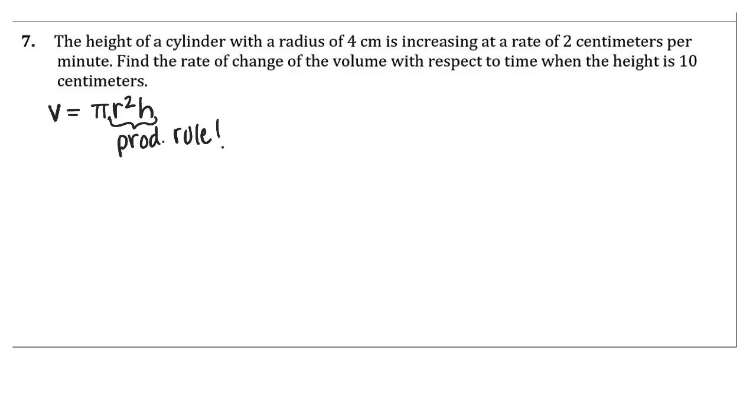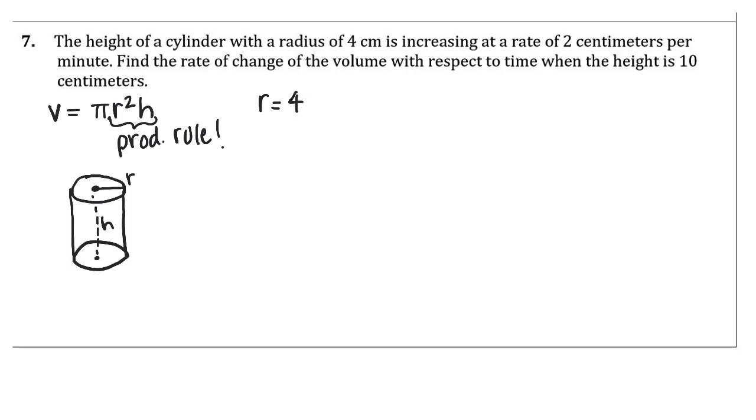Alright, so let's see what else we have here. Let's go ahead and draw our cylinder, or I'll give it a good old try. Looks like some kind of bent can somewhere. So we have the cylinder, and we have a radius r, and then this height h. So there's our values. And now we're told that the height of the cylinder with a radius of 4 centimeters, so I know that radius is 4 centimeters, is increasing at a rate of, so notice what we have that is increasing here.